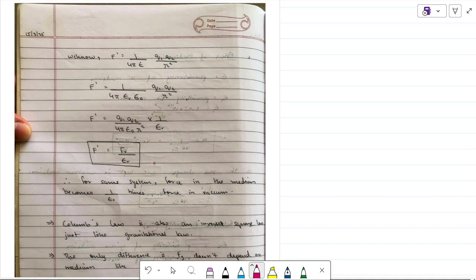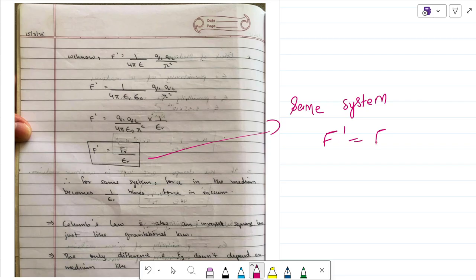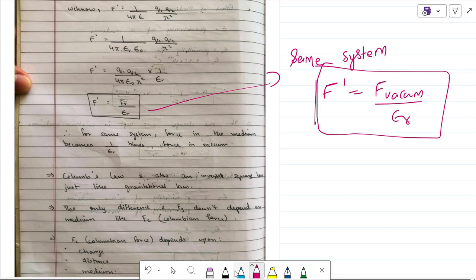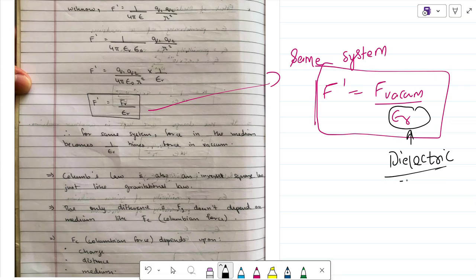At the end of it आपको सिर्फ याद क्या रखना है, this equation, that for the same system the magnitude of the force is always the magnitude in vacuum divided by epsilon r, that is relative permittivity. And sometimes this relative permittivity is also known as dielectric constant, for some particular case, that particular case we'll study in the topic of capacitors.